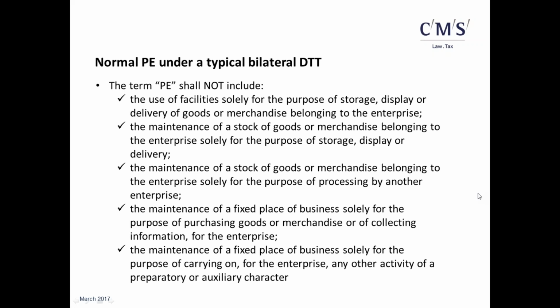If such a warehouse is only used for the sole purpose of storage and goods delivery, then this warehouse itself should not be treated as a permanent establishment constituted by the foreign enterprise in China. Okay, so these are the exceptions. So let's have a look at other kinds of permanent establishment in China. Next slide.